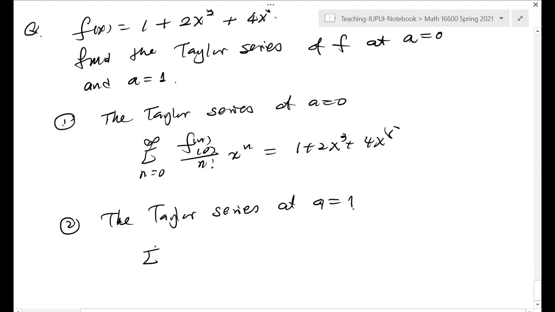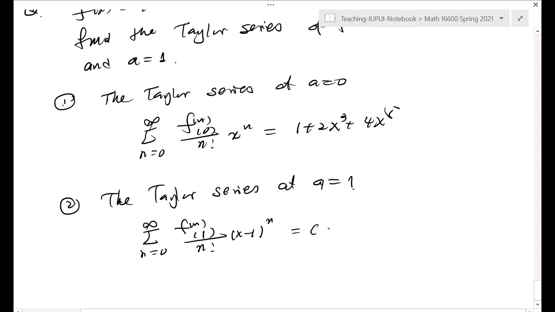I think this is f^(n)(1) over n factorial times (x minus 1) to the n. You have to find all the coefficients: c0, c1 (x minus 1), c2 (x minus 1) squared, c3 (x minus 1) cubed.